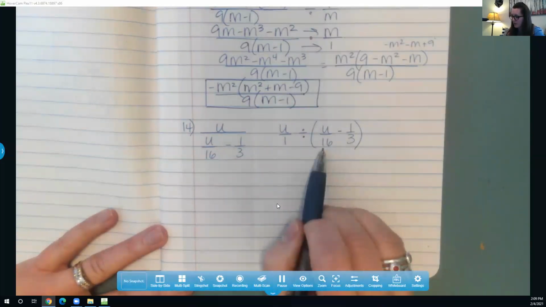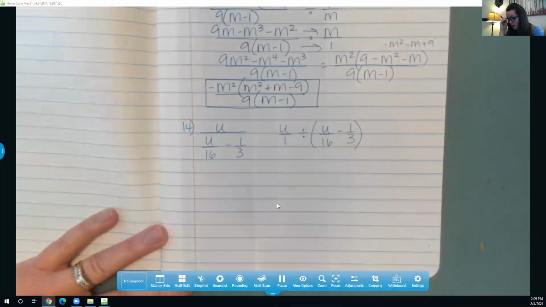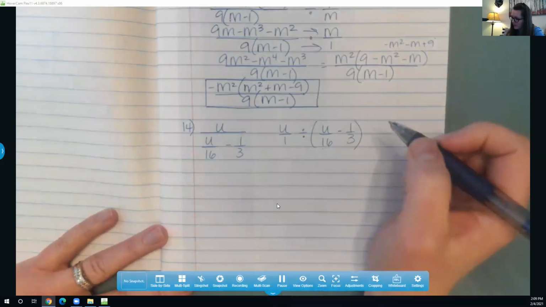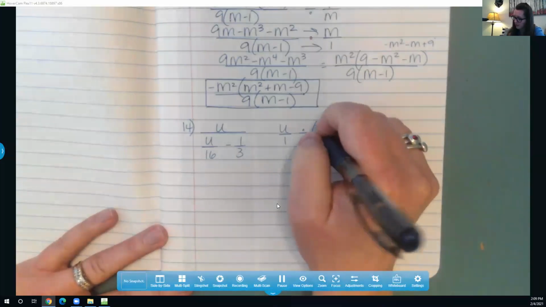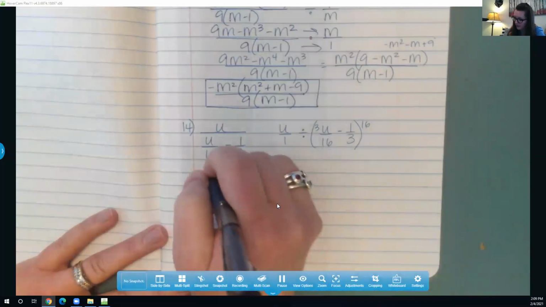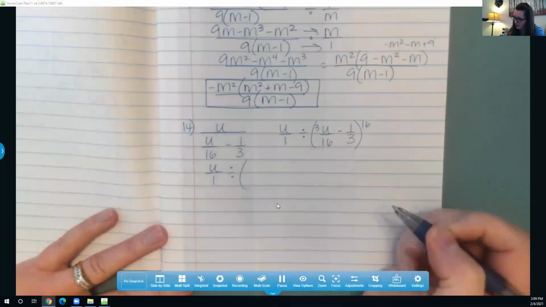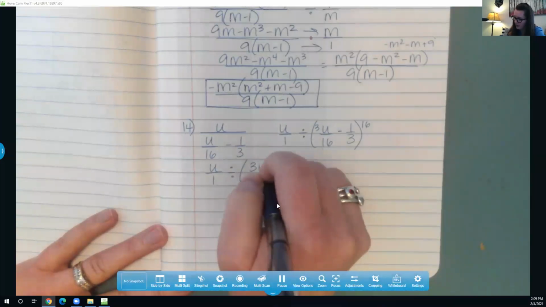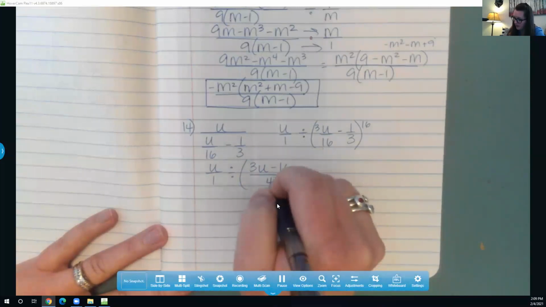So what's my common denominator between 16 and 3? Well, 16, 32, 48, probably 48. So for the 3, I need a 16 over here, and I need a 3 over here. So I have u divided by 1, divided by, still doing my operation, 3u minus 16 divided by 48.